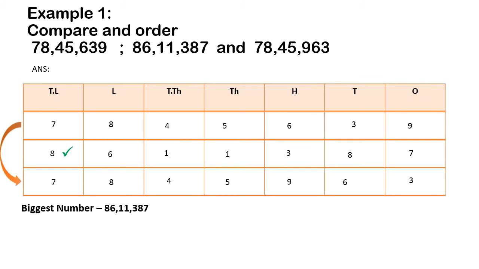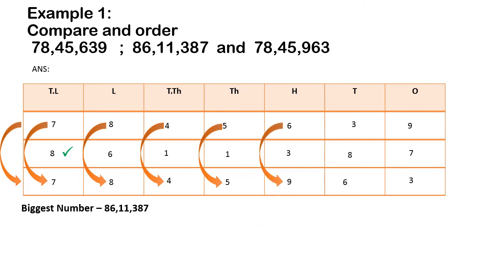Then we have to compare the remaining two numbers. Okay. So look at the ten lakhs place value. 7, 7. So they both are the same. Now look at the lakhs place value. 8, 8. This one is also the same. Then look at the next place value, ten thousands. 4, 4. This one is also the same. Now look at the thousands place value. 5, 5. This one is also the same.